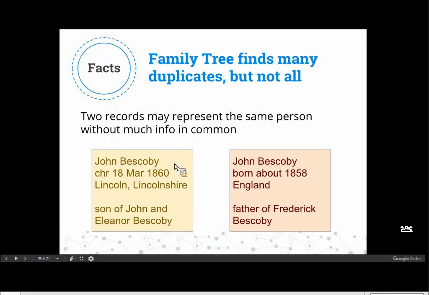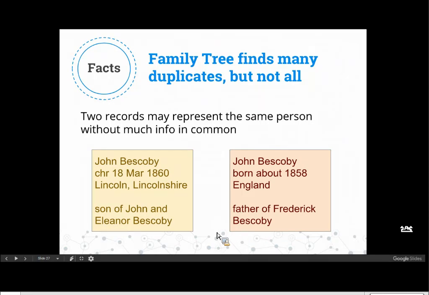So here we've got a name that's in common, but the year is a little bit off. The place is specific here, very broad here, and the identifying relationships are completely different. So even though a person who knows these families would realize that these are duplicate records, the computer, just by looking at the data, can't make that judgment call.